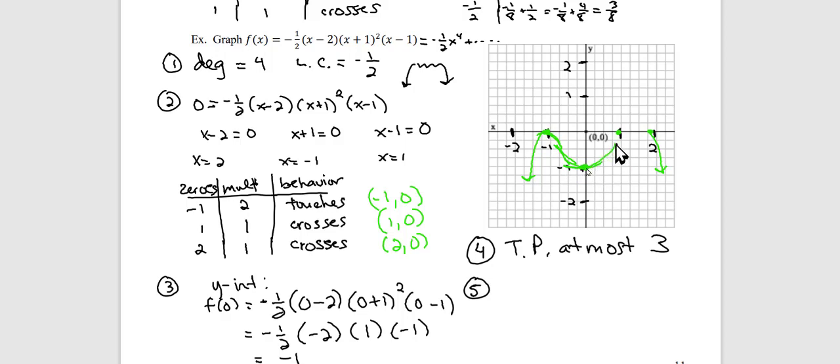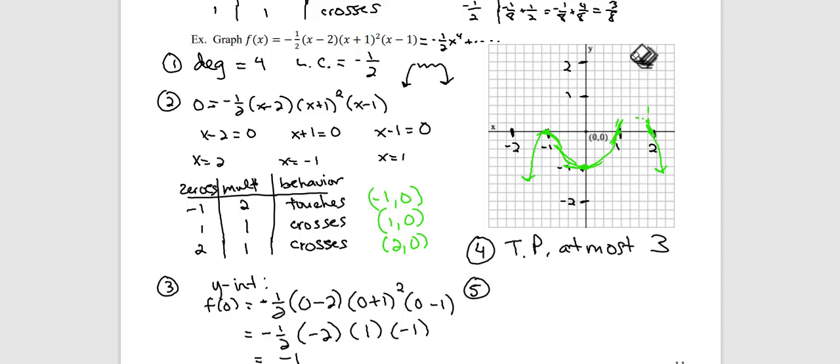And it comes back up to that second x-intercept where it crosses and goes up. I also know it crosses at 2. What I don't know is how high it goes between 1 and 2. So I need some more information, because I don't know if I want to do this or this or way higher, right?